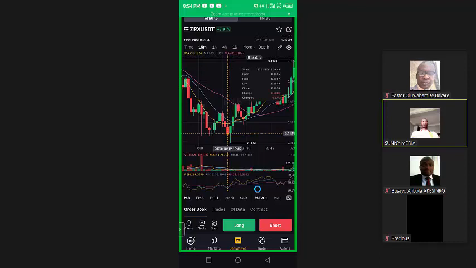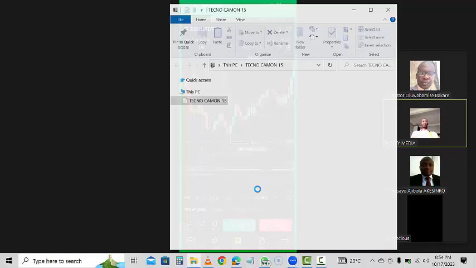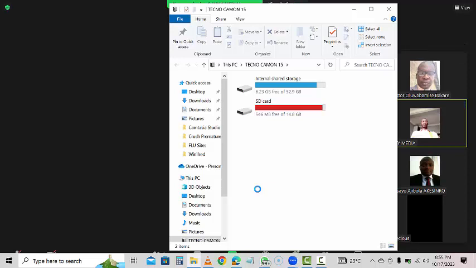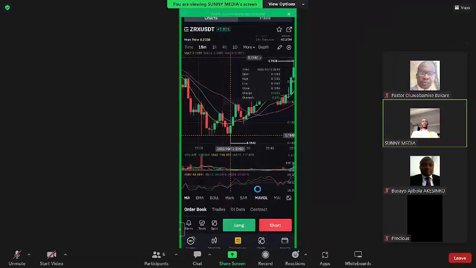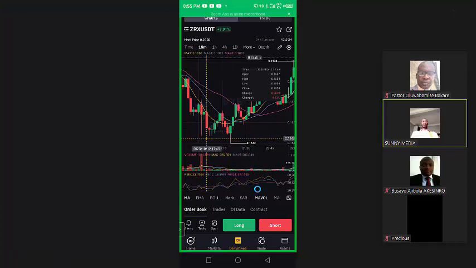This one that ended at 0.1842 was the second recovery. So as far as it closes above this former low, it is a valid long. But if you close below it, please don't trade it.